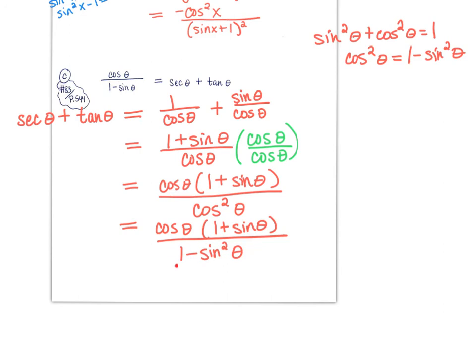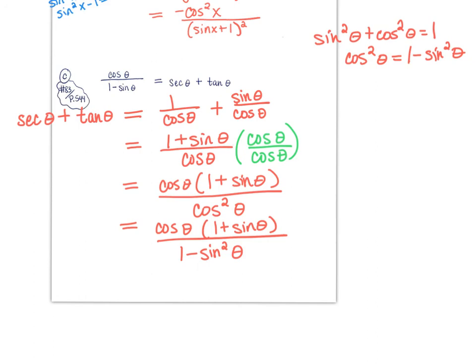What can you do with this 1 minus sine squared theta? You can take the square root. No, taking the square root leaves you with plus or minus. But if you don't want to take the square root, what can you think of doing? Let's go back to our guidelines.